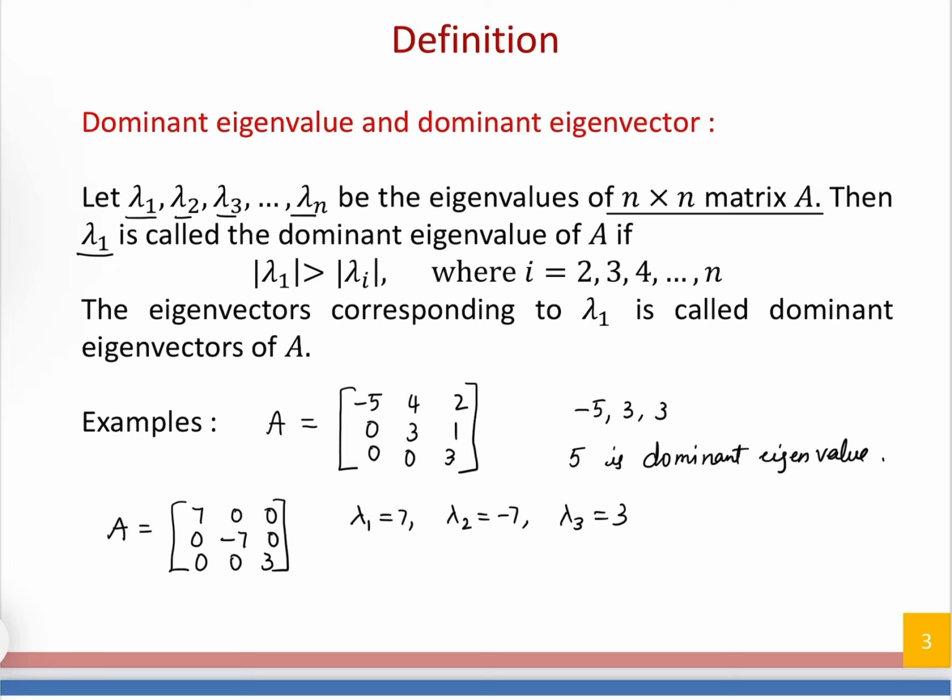If you see this carefully, there is no dominant eigenvalue for this matrix, because the absolute value of 7 is not strictly greater than the absolute value of minus 7. Because 7 is equal to 7, we cannot say that this is strictly greater than this. Therefore, it has no dominant eigenvalue. And note that not all matrices have a dominant eigenvalue and eigenvector.